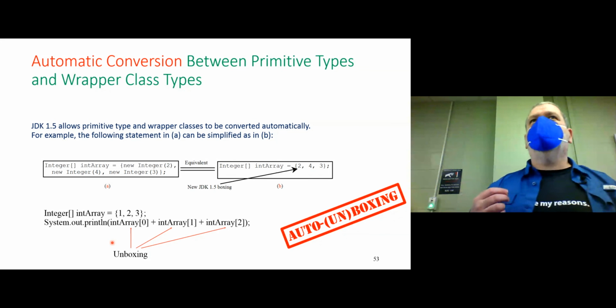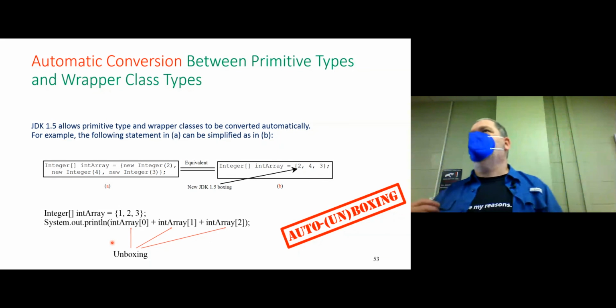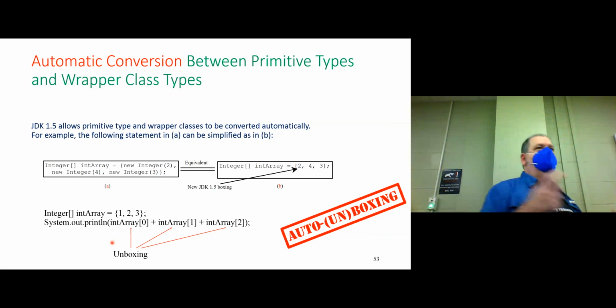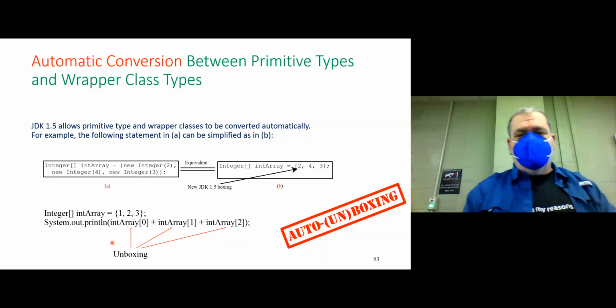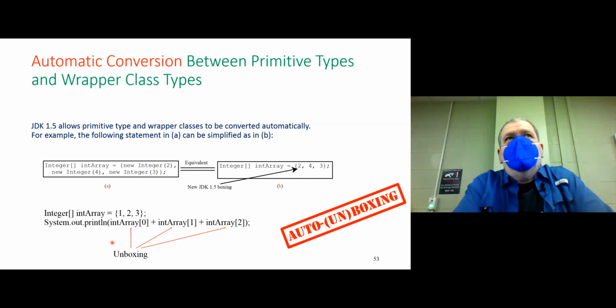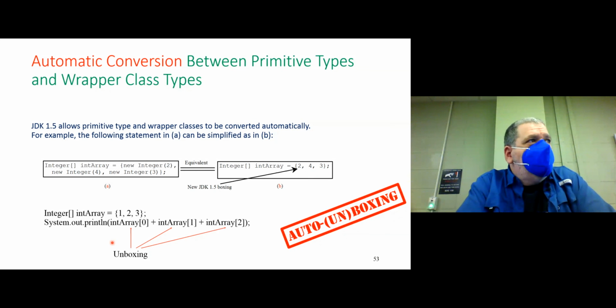Now there is one more concept I need to add on top of the idea of wrapper class. It goes hand in hand with the idea of wrapper class. It's the concept of auto-boxing and auto-unboxing. Okay? So let me explain what we're dealing with here.